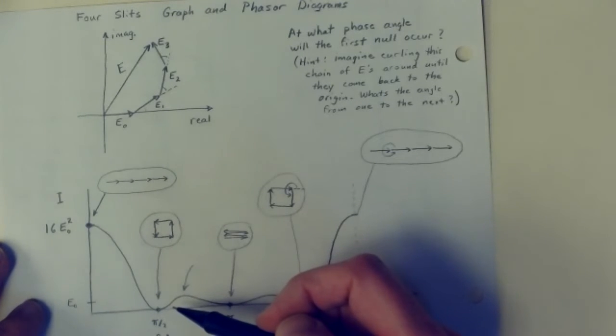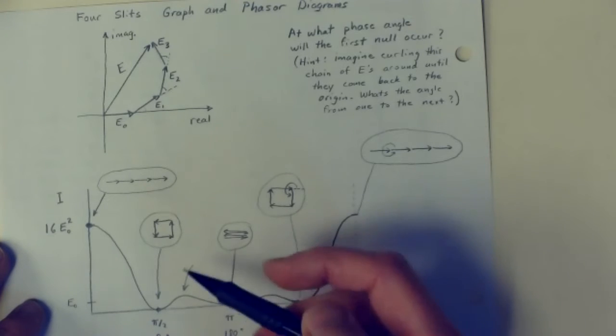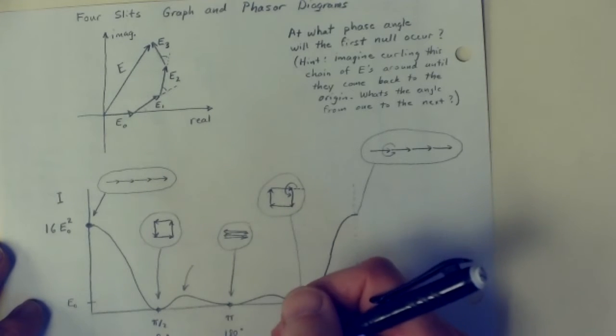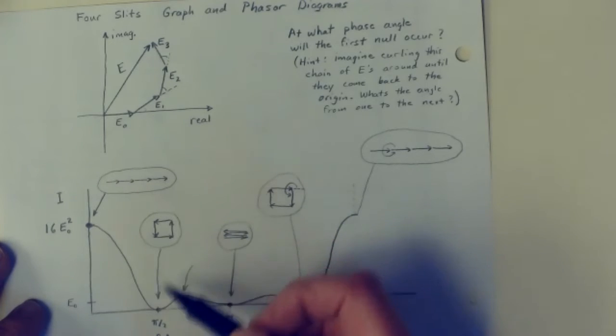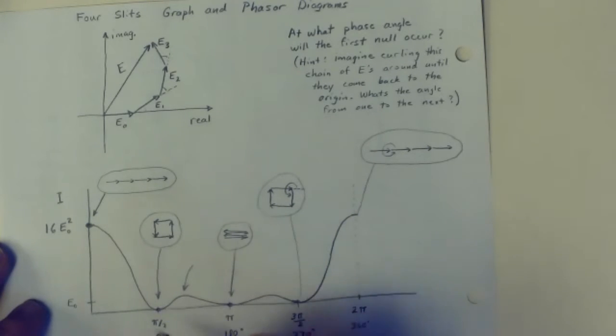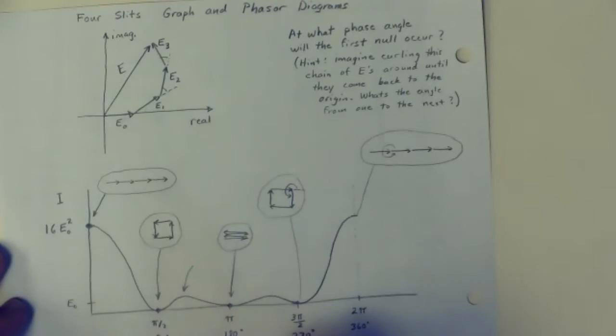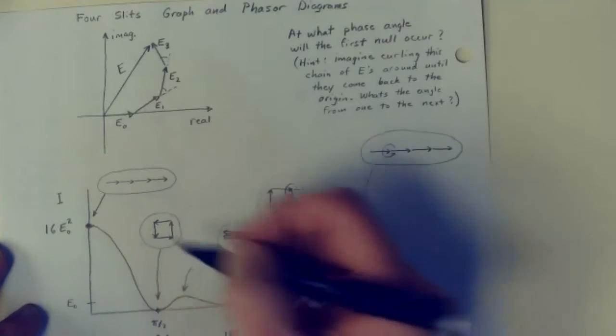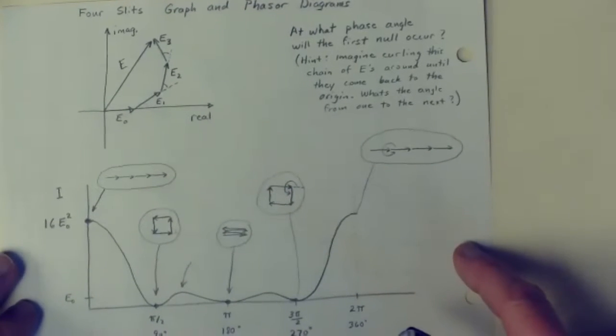If you had a different number of slits, you'd find a different picture here that would be the first minimum. But this is the first minimum, and it's going to happen when this phase shift is 90 degrees. That would be the shift between the first vector and the next one. Each one is rotating 90 degrees from the last one.